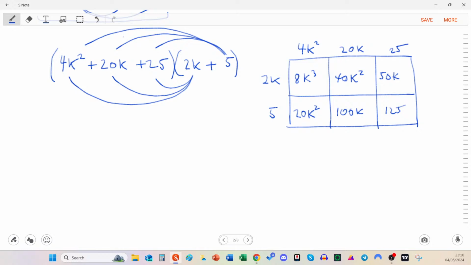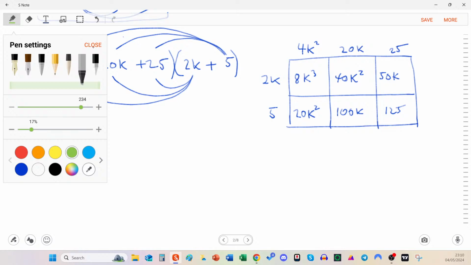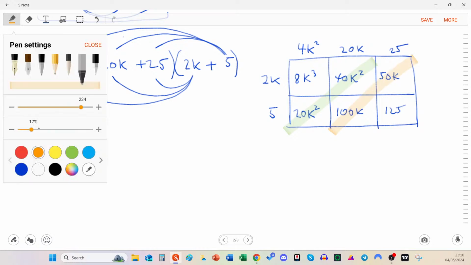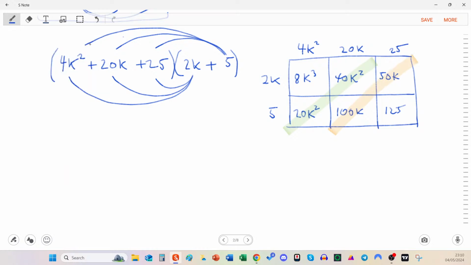And now we're going to look at like terms. So like terms and this are going to go across like that. Just a couple help us there, don't they? So 8k cubed. So this is a cubic. Plus 60k squared plus 150k plus 125.